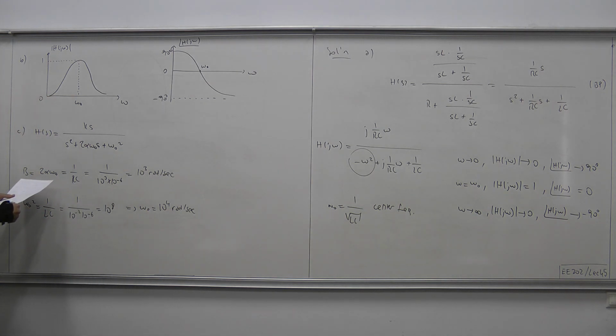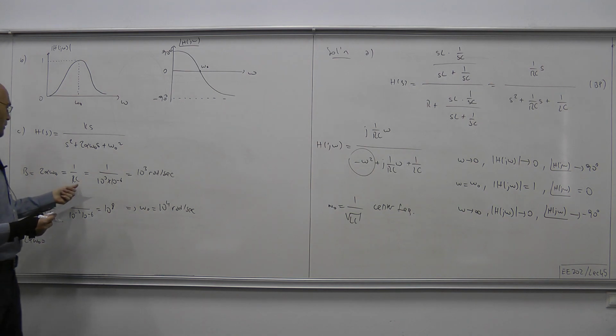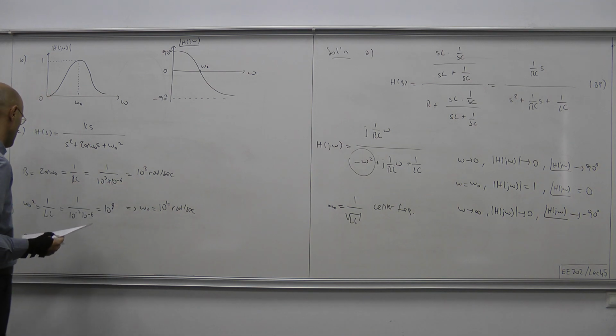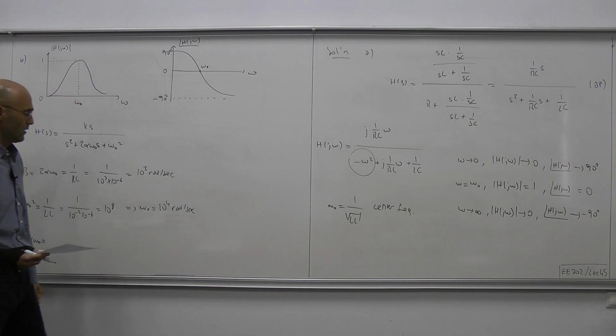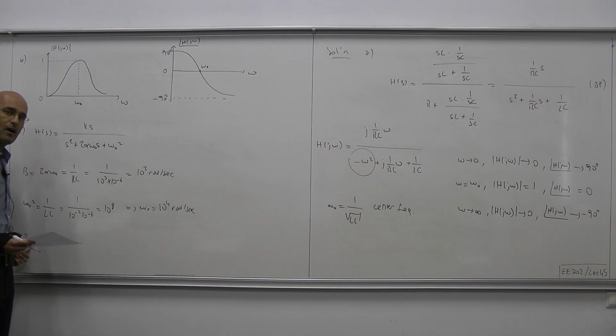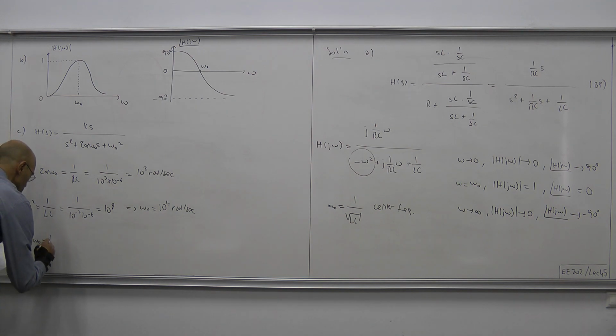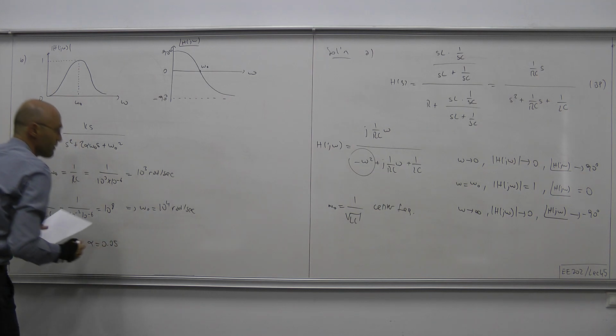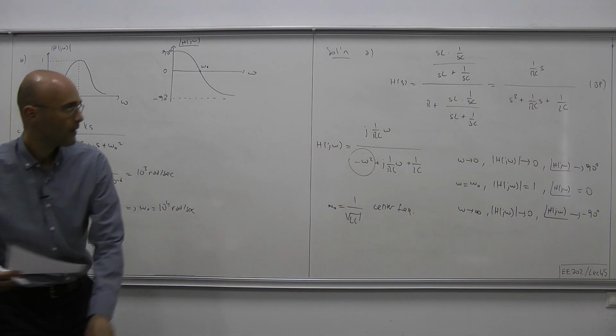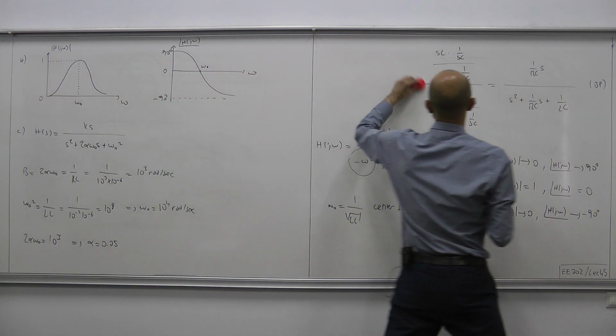And 2 alpha omega 0 equals 1 over RC, which is the bandwidth, 1000, and omega 0 is 10,000, from which we can figure out alpha. 2 alpha omega 0 equals the bandwidth, which is 1000. That produces alpha equals 1 over 20, 0.05.